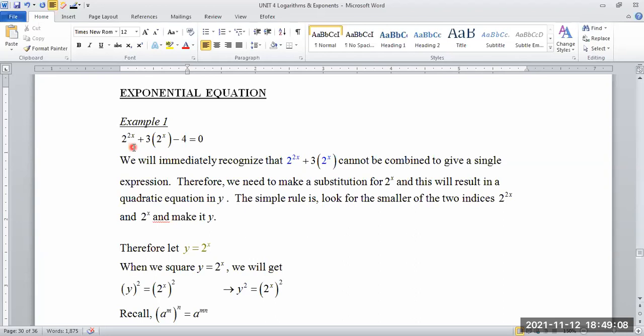So we have to make a substitution. Hands down, without a shadow of a doubt, we have to make a substitution.